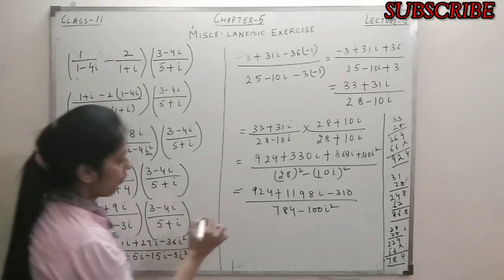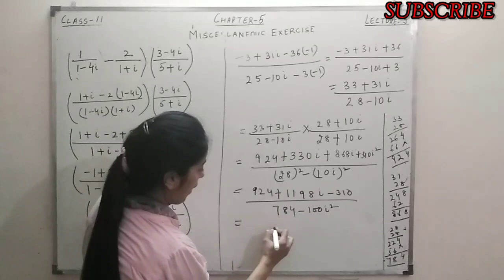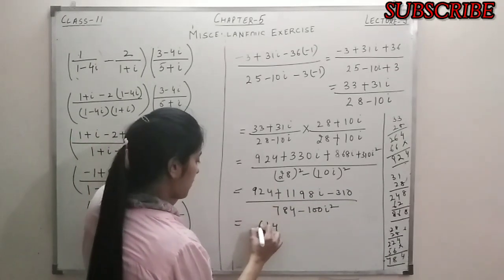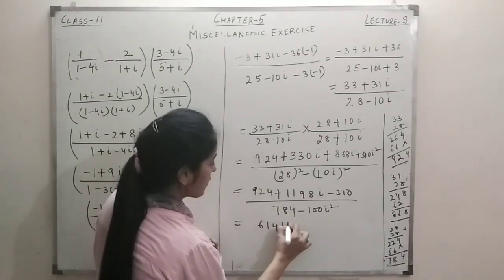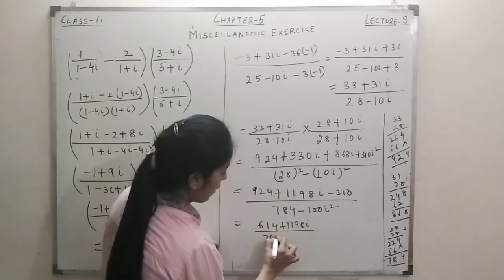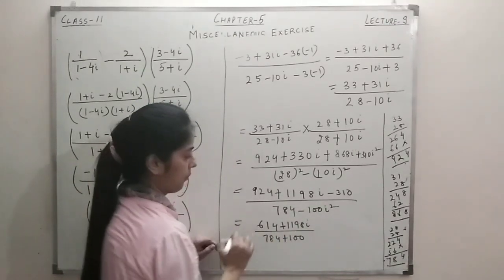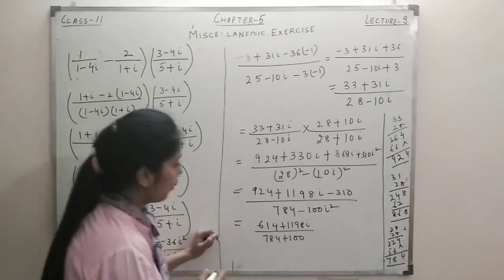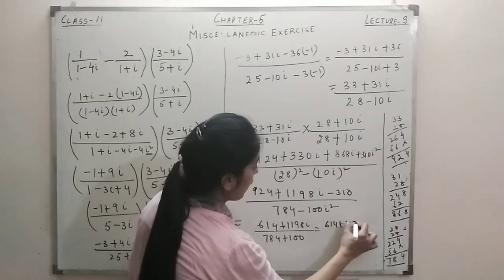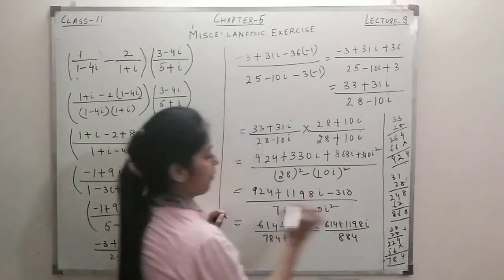Right? So what we have now? 924 minus 310, that is 614, plus 1198i upon 784. i square is minus 1. That's why this plus 100. Right? So in numerator we have 614 plus 1198i upon 884.